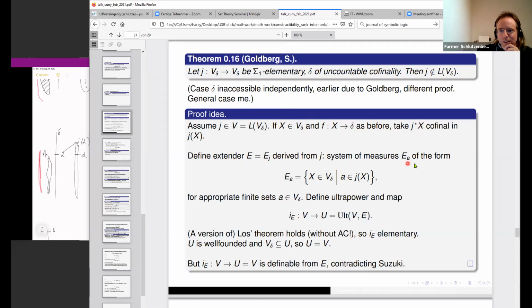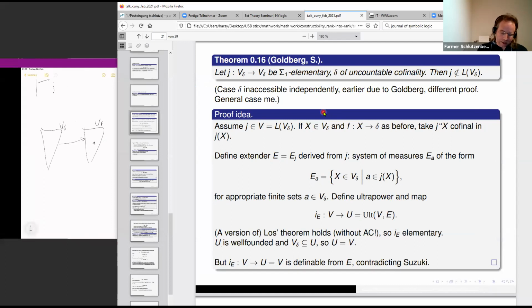So this is just this system of measures of this form. I can just draw a picture of that. So we have now V delta, and J is going into V delta. Given any A over here, we can look at the sets X such that J of X, such that A gets into there.